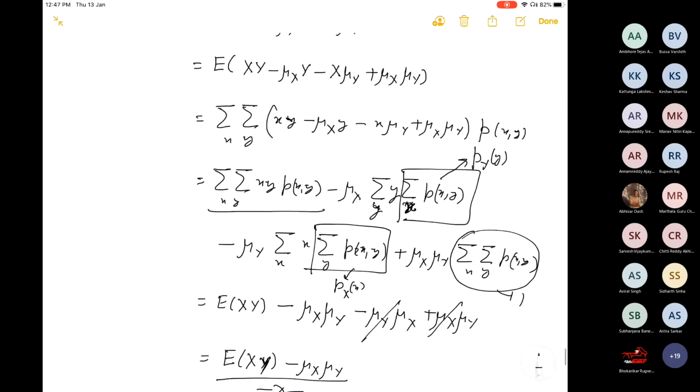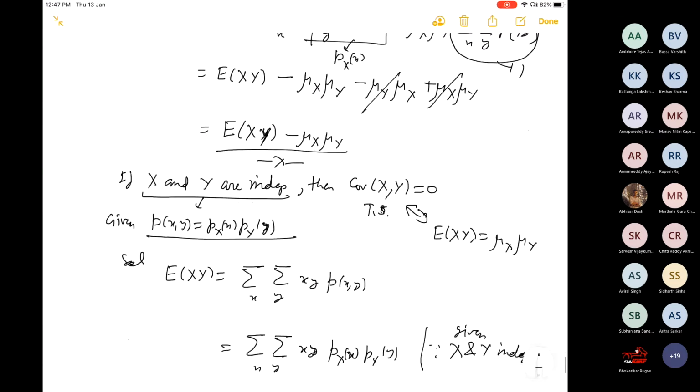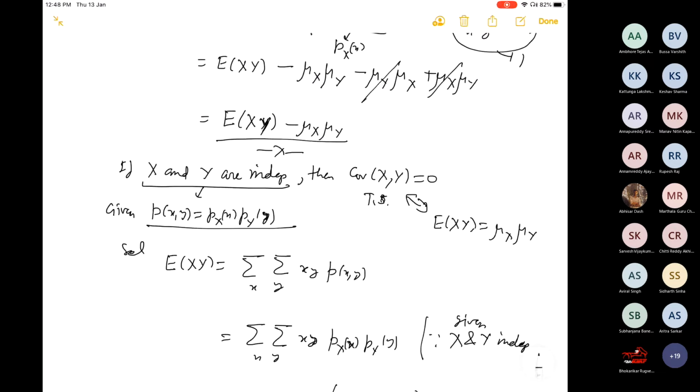For example, you see this. If X and Y are independent here in this example, this will imply that the covariance between X, Y is 0 in this case, because X and Y are independent. So I don't have to show anything, because I have proved that if X and Y are independent, then the covariance of X, Y is 0.